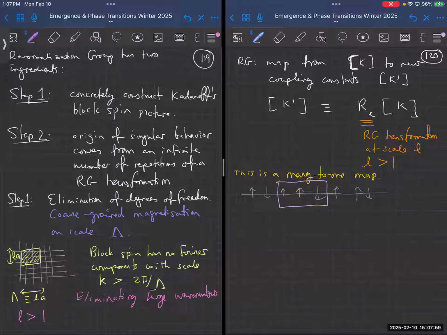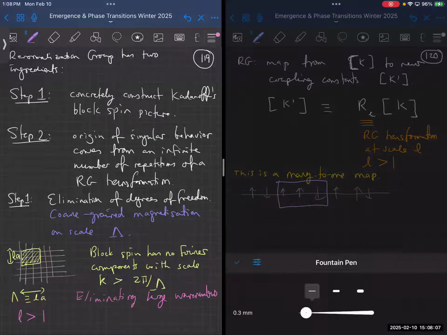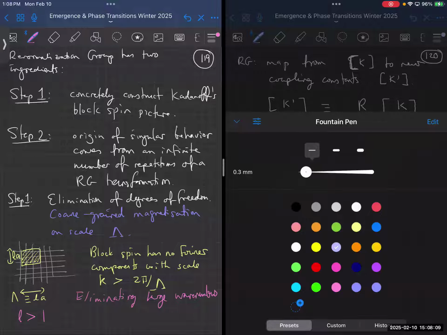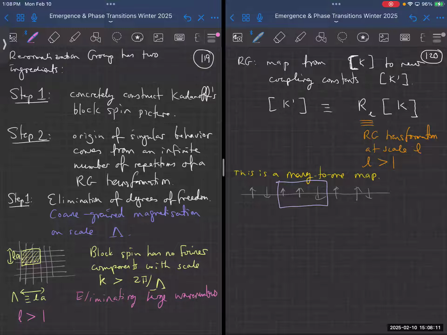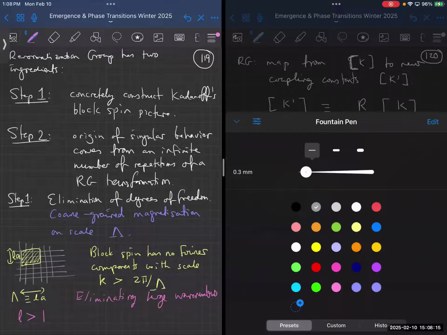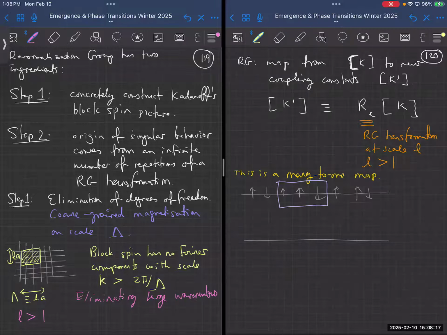I'm coarse graining them in groups of 3s. And so this is my block spin. Now if I were to look at what the coarse-grained version looks like, so this is microscopic. And now this is coarse-grained.